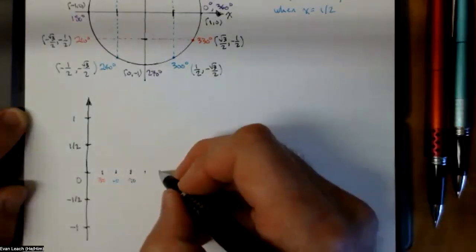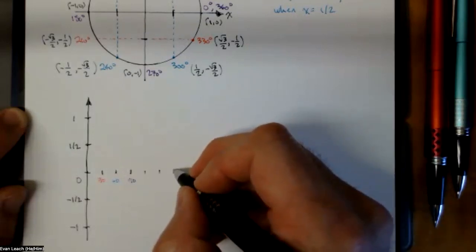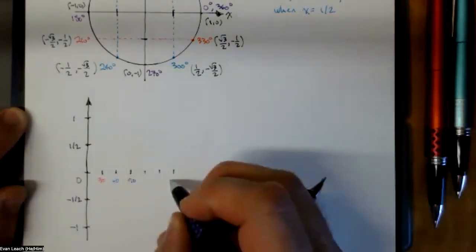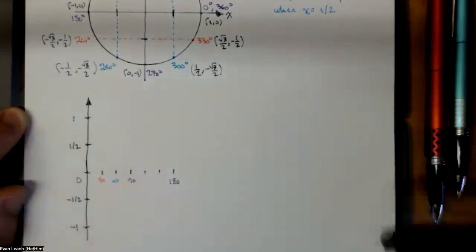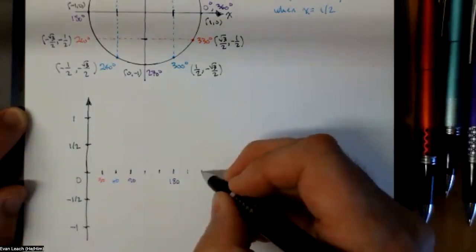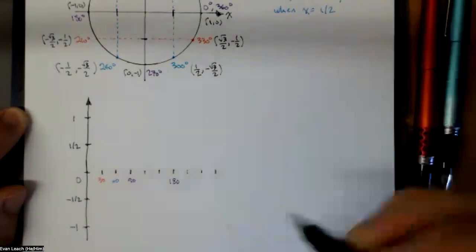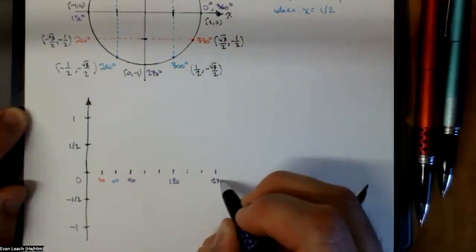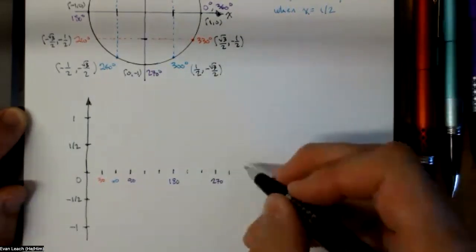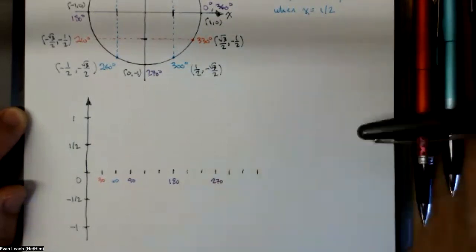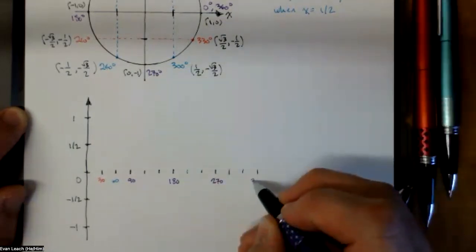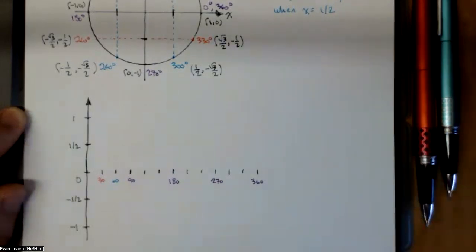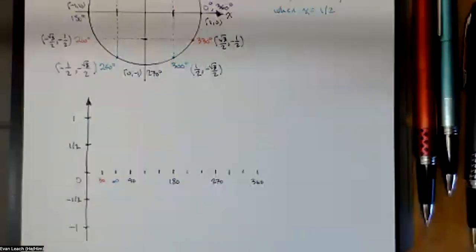And then 120, 150, 180. So I'm going to mark 1, 2, 3. Then I'm going to mark 1, 2, 3, and I'll be back at 360. So notice my horizontal axis is theta, but instead of going around in a circle, I'm stretching my theta horizontally.